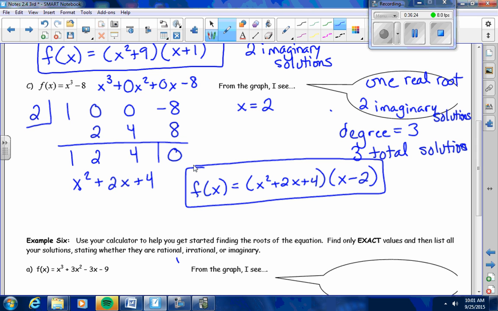Would it be necessary to refactor x squared plus 2x plus 4? It can't be factored. If it could have been factored, that would have shown up on the graph as other zeros. But my other two solutions here are going to be imaginary, so that also lets me know it can't be factored any further. Okay.